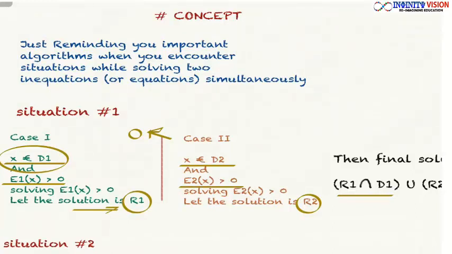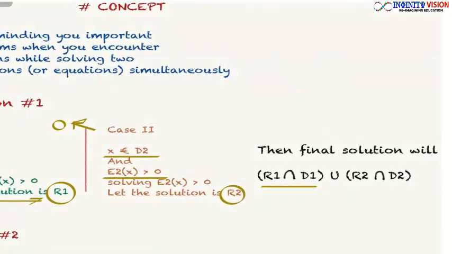The solution of case 1 is R1 intersecting D1, the solution of case 2 is R2 intersecting D2, and since these are cases, the final answer is (R1 ∩ D1) ∪ (R2 ∩ D2).